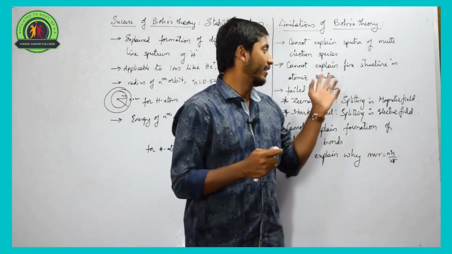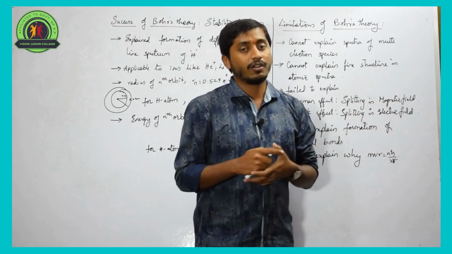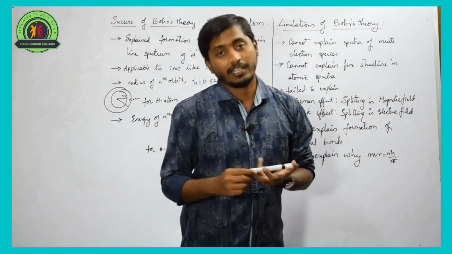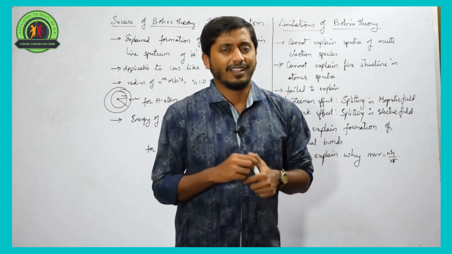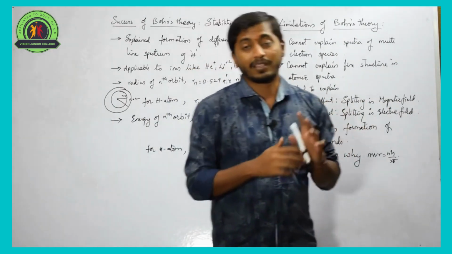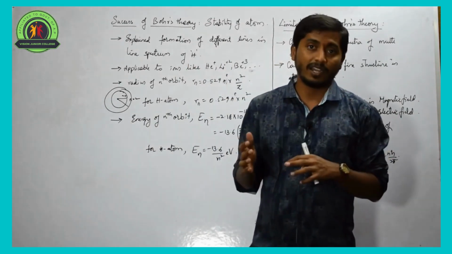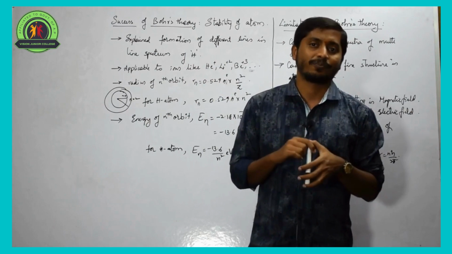And not only the electric and magnetic field, he did not account for the dual nature of an electron or a particle. These are a few mere limitations, but the main thing is that whatever model he explained was the actual basis of atomic structure.